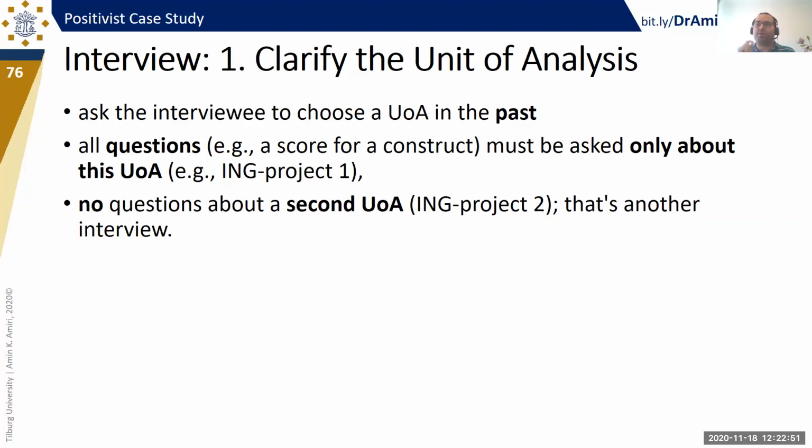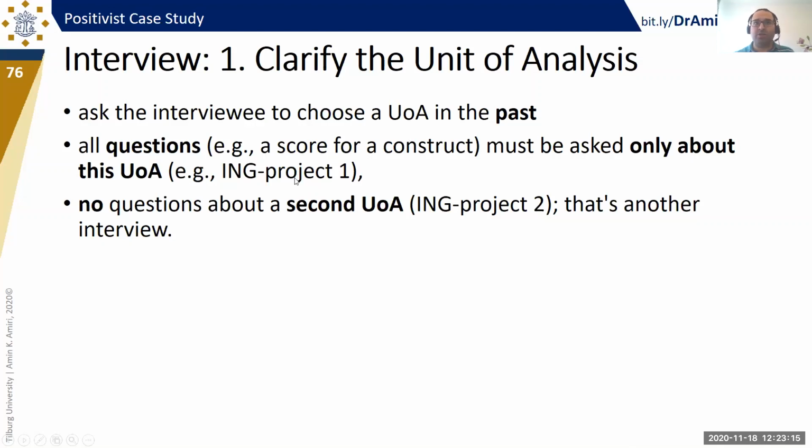This is very important because sometimes these interviewees give you different ideas about different units of analysis. And you try to ask all questions, that means get scores for a construct, for only that unit of analysis.